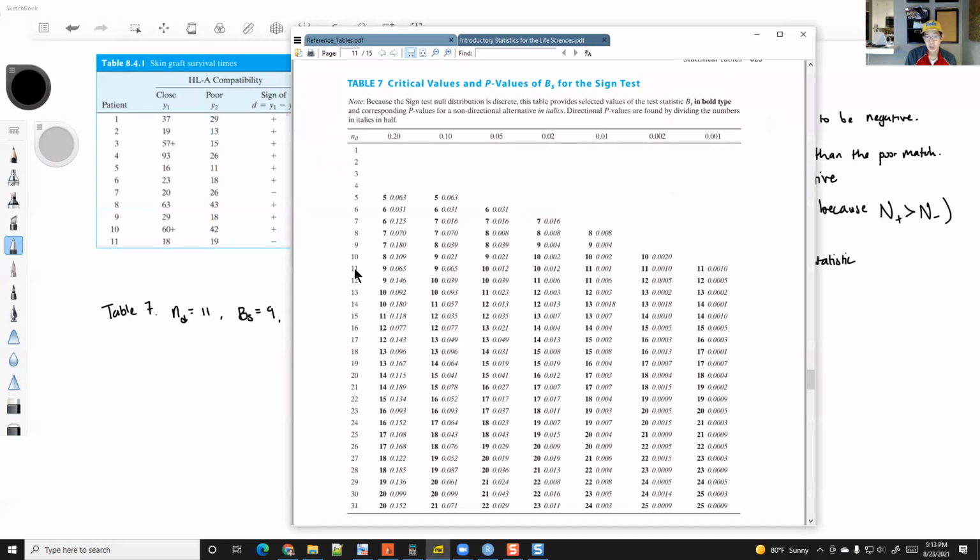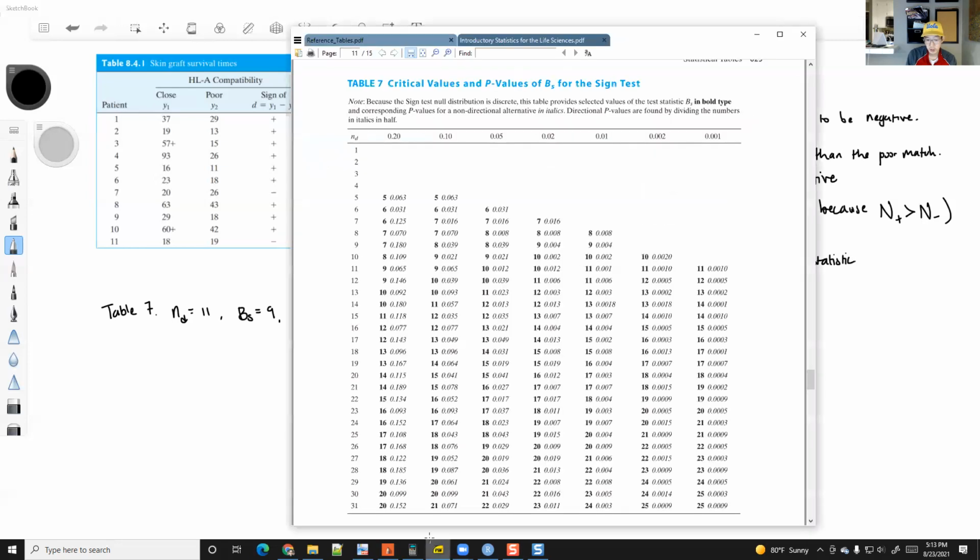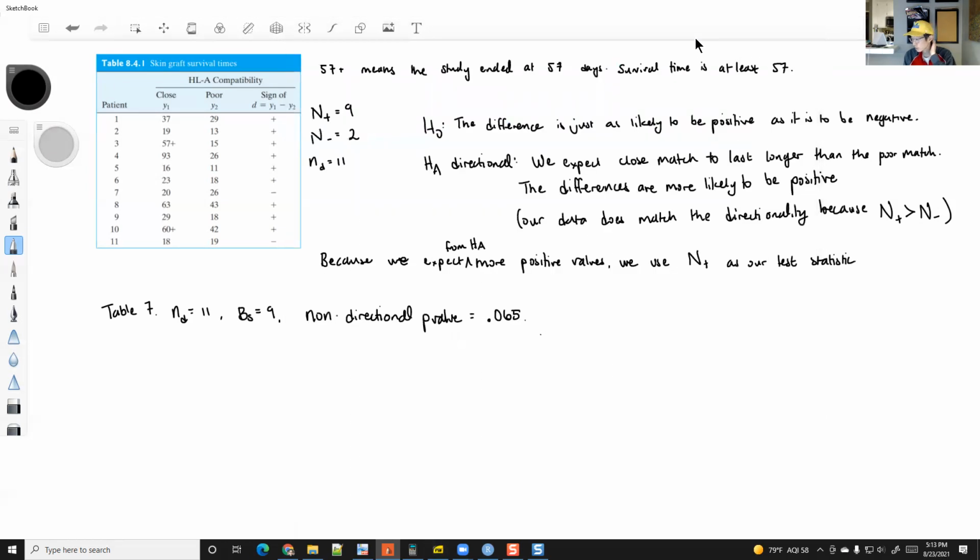So ND is 11, number of observations is 11, number of differences is 11. The number for our test statistic is 9. We have 9 positive differences and we have 0.065 as our non-directional p-value. So that's just from our table.